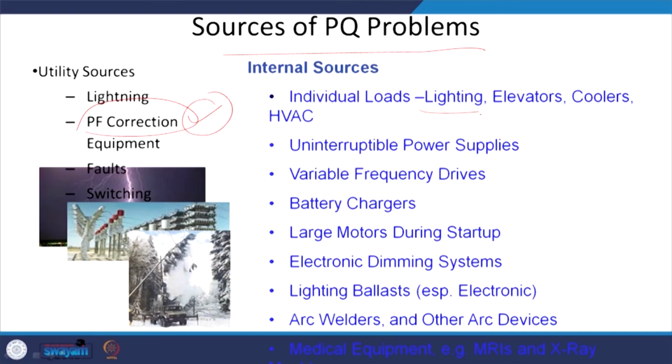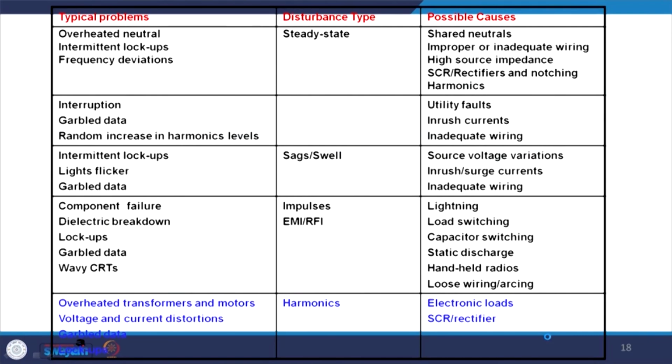Also elevators, coolers, HVAC, thereafter uninterruptible power supply, variable frequency drive, battery charger, large motor during start, electronic timing system, lighting electronic ballast, arc furnace, medical equipment, MRI, etc. So, these are a few categorized as problems.